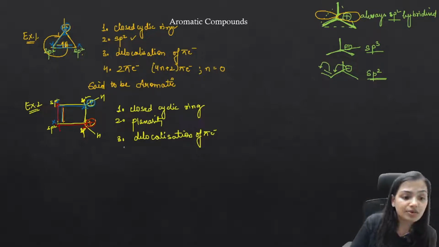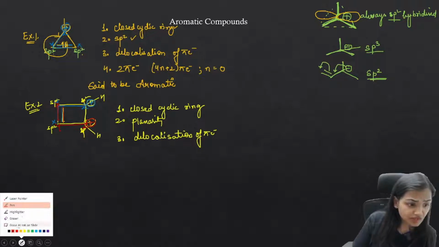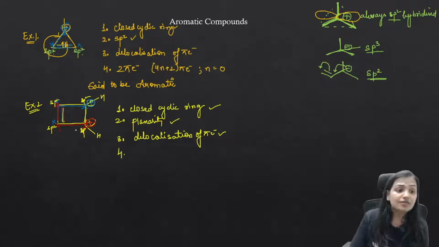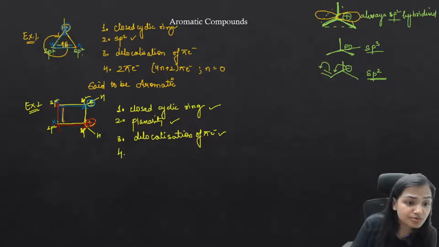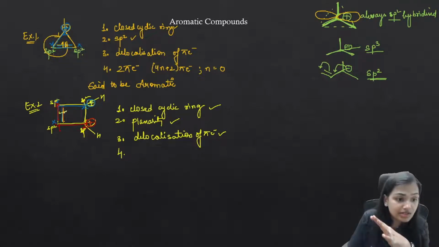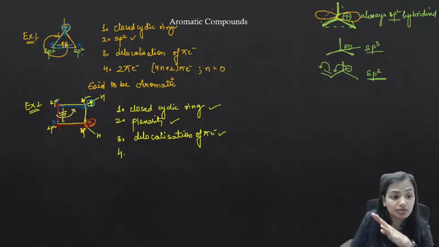So ultimately what we can understand is the fourth point: yes, there will be delocalization, planarity, and it's a closed ring as well. If you see the number of pi electrons, over this positive charge there is just a vacant orbital, no electron is there. Only these 2 electrons participate in the delocalization, and therefore the number of pi electrons is 2.